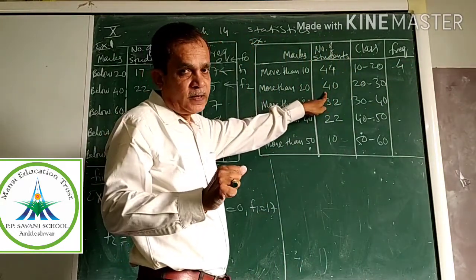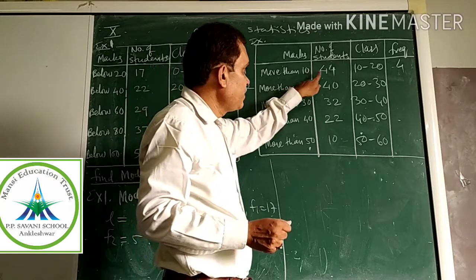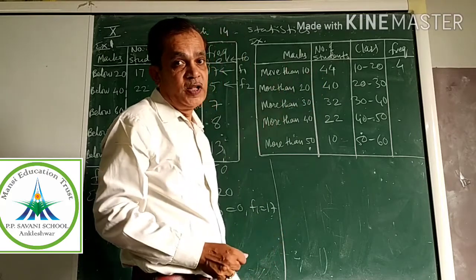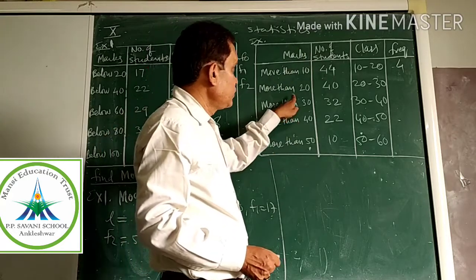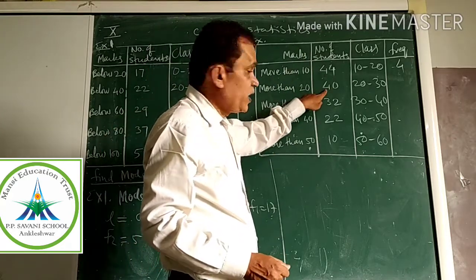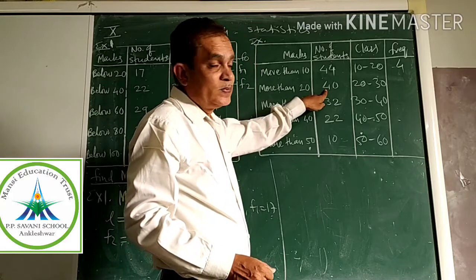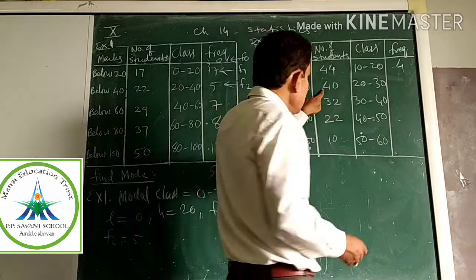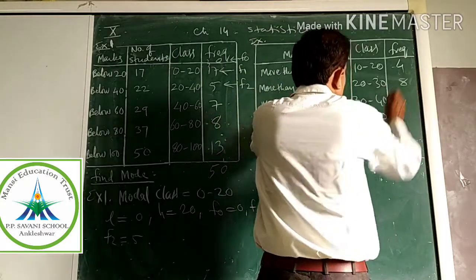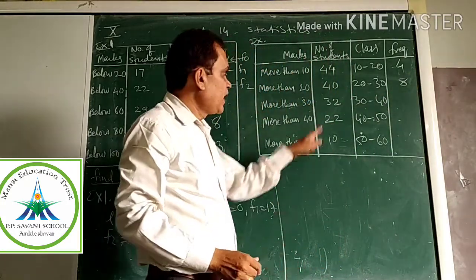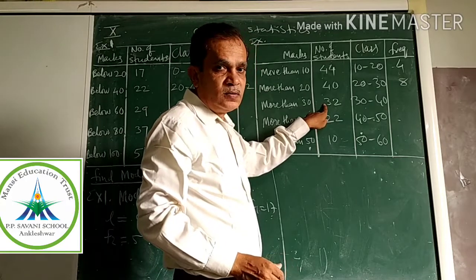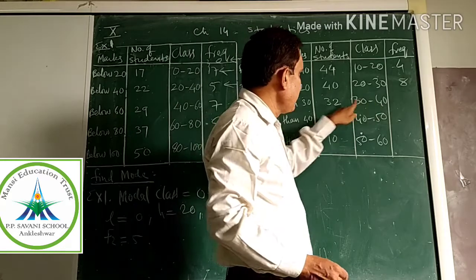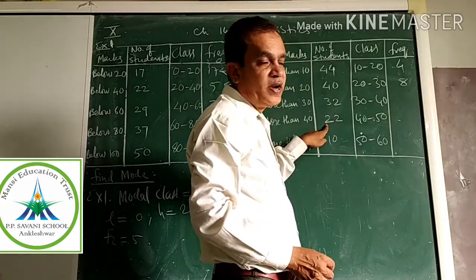Getting it? Yes. Because more than 10 has 44, so this 40 also comes in it. Now see, more than 20 is 40. So it includes this 32 also. So take 20, 30, 40 minus 32, 8. More than 30, 32. It includes 22. So for 30 to 40 I take 32 minus 22.